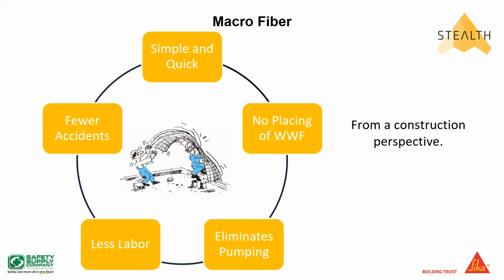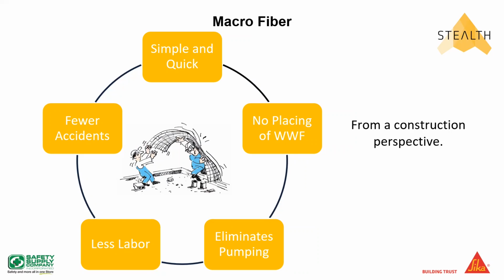So what does that mean from your perspective, whether you're the GC or the finisher? You don't have to place welded wire fabric. You don't have to mess with that anymore because it's coming in the truck. Typically it gets put in the truck at the concrete plant. In your case, it might be a little bit different in Barbados.